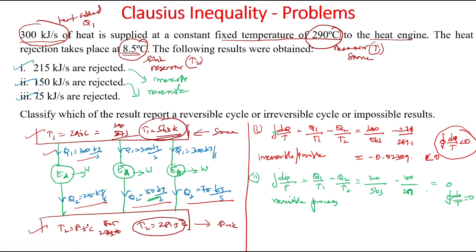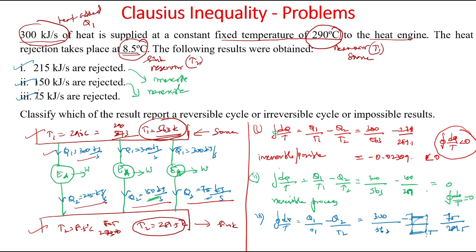Then the third one. Again, the cyclic integral of dQ by T is equal to Q1 by T1 minus Q2 by T2. Q1 is equal to 300, T1 is equal to 563, and here Q2 is equal to 75, divided by 281.5.